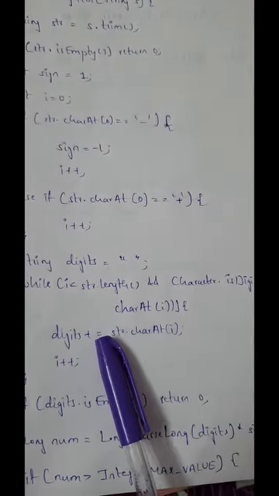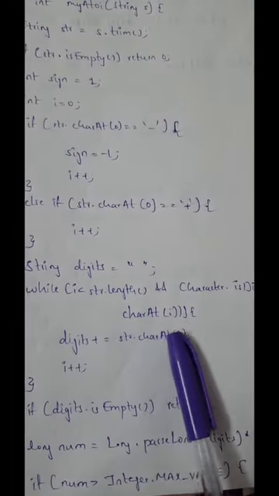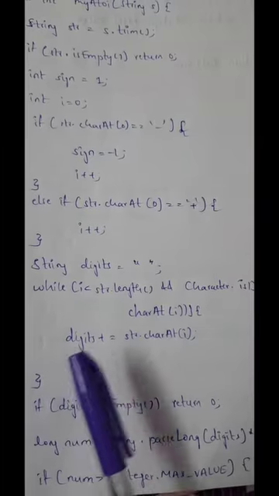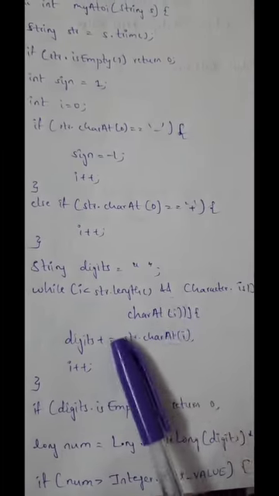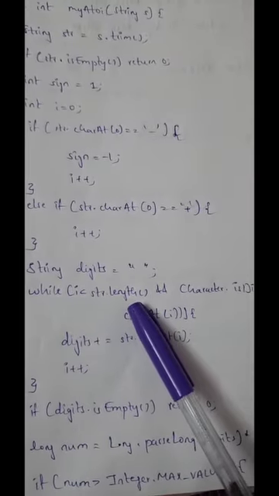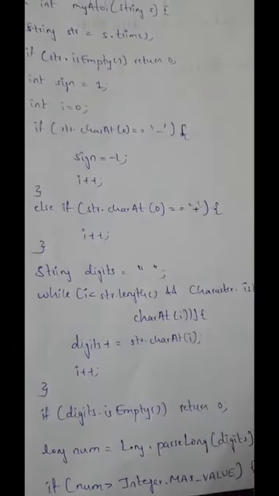If it is a digit, we append this character to the digits string, and we do i plus plus. This continues until another character, like alphabets or sign characters, occurs, and then it stops, right?